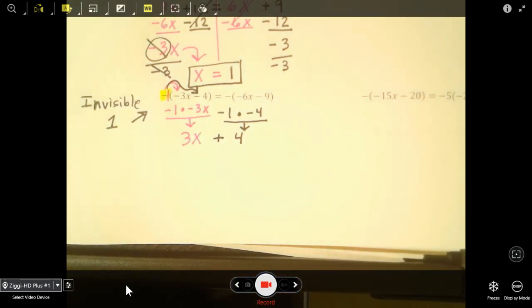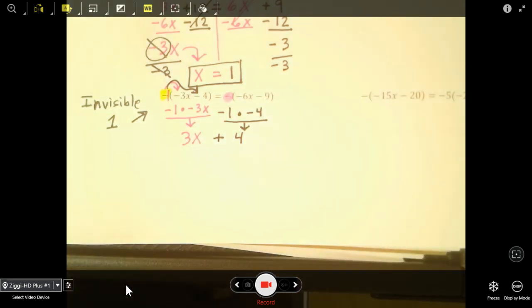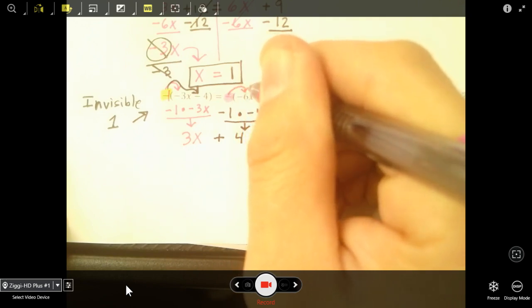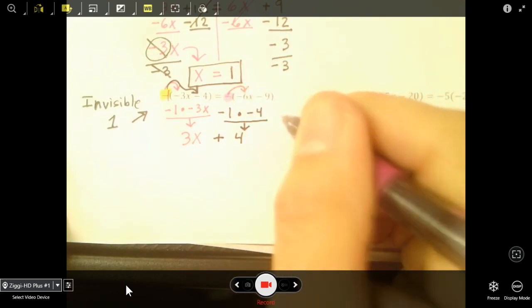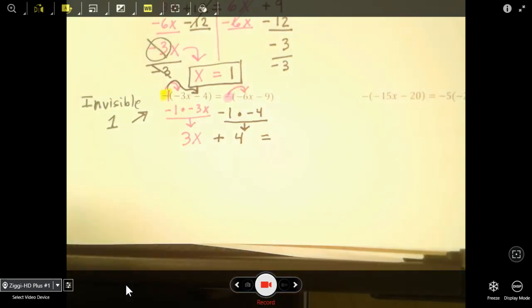Okay, so we're almost done. But now we notice that this next one over here, I'm going to highlight that one in pink, we also have a negative sign on this side. So in other words, we have another 1 in front of there. So we're going to do the same thing. We're going to multiply this negative 1 to that negative 6. So let me write my equal sign here, because we have an equal sign right there.